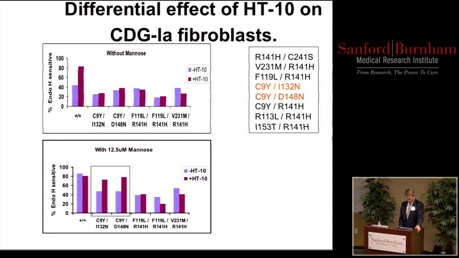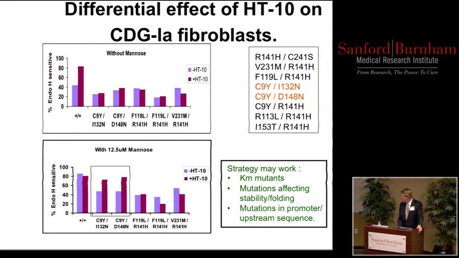But at least the proof of principle is there, and we think that we may have a ways to go, but we'll be able to improve on this since we're now doing the crystal structure of phosphomannose isomerase with and without the compounds. So this ought to work on KM mutants of PMM2 and mutations affecting the stability and folding, and maybe with some of Bill Balch's help, we'll find some other approaches to this.